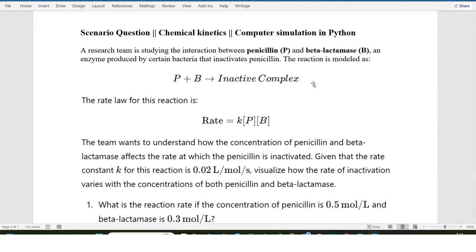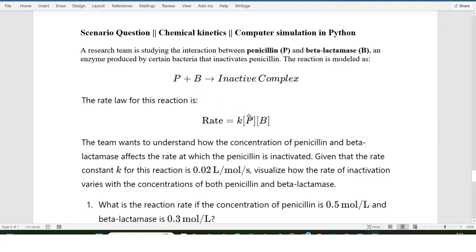These produce such beta-lactamase, and the beta-lactamase invades penicillin by attaching themselves onto the beta-lactam ring of penicillin, thereby producing a hydrolyzed product, which is an inactive complex, and that is the useless penicillin, which cannot fight against the bacteria that are being targeted in the body.